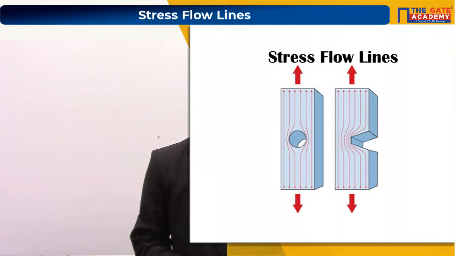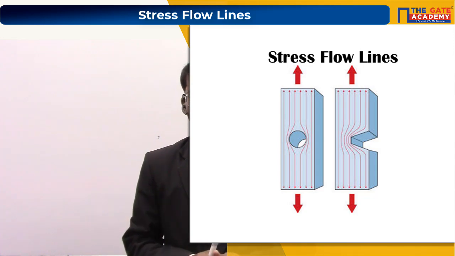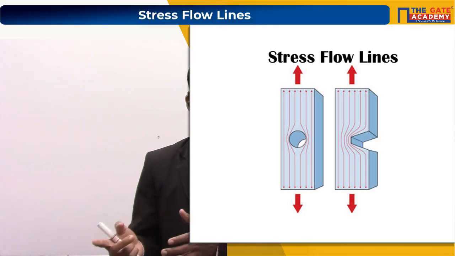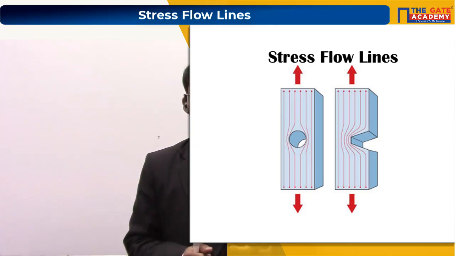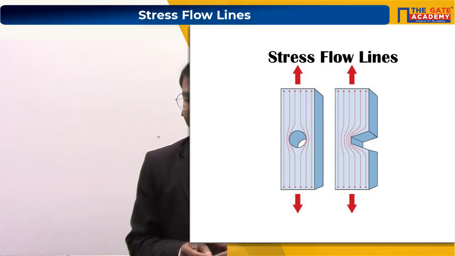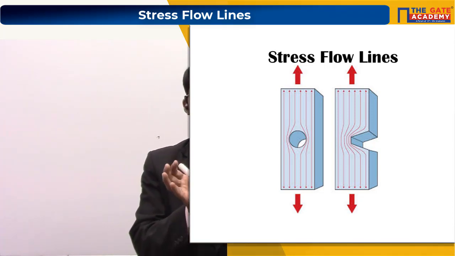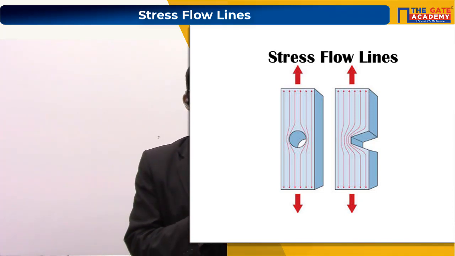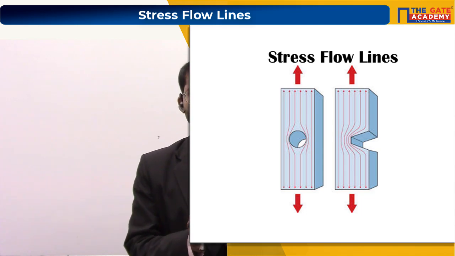Now look into this picture here. You can see two pictures. So both are square cross-section bars. So they are having holes, notches, etc. So the left one is having a hole and the second is having a notch. We see that in the vicinity of that particular hole or the notch, the stress flow lines are very near to each other. I hope everybody can recognize that.